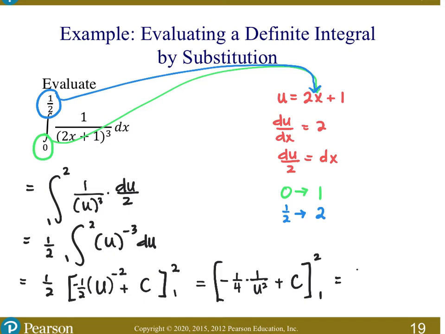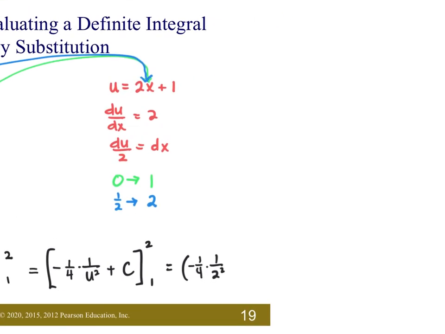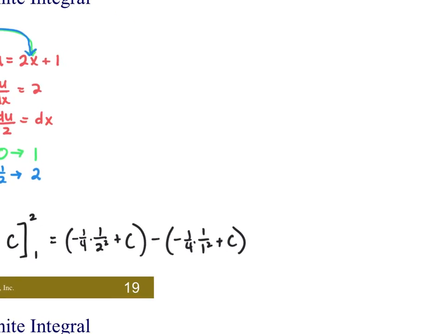So this would be negative 1/4 times 1 over 2 squared plus c minus negative 1/4 times 1 over 1 squared plus c. And so we're looking at negative 1/16 plus 1/4. So overall, we get 3/16 as our final answer.